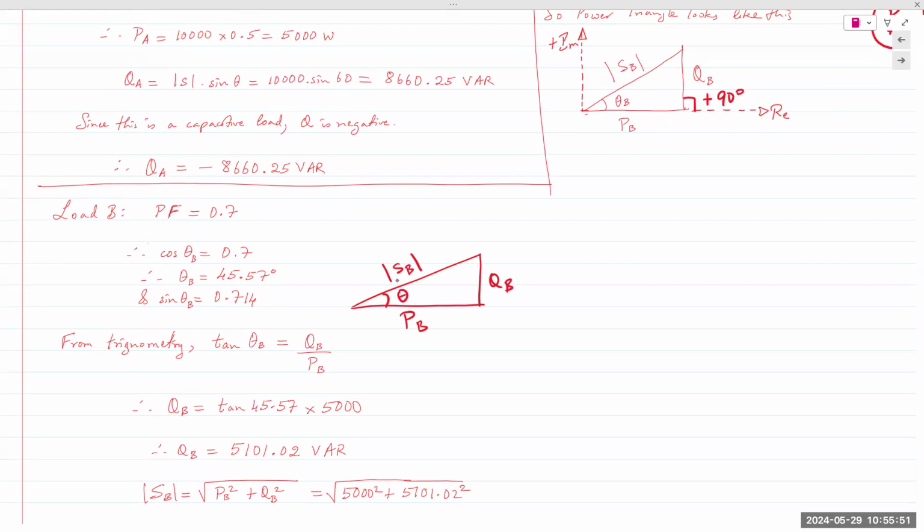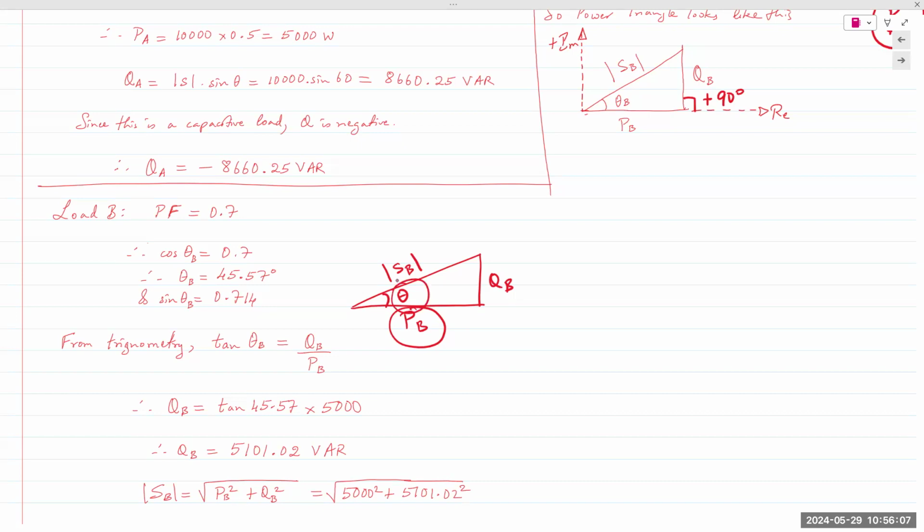So this is given to us, P is given to us, 5 kilowatts, 5,000 watts. Then cosine of theta is given to us. We found theta from there. So we have 2 of the 4 quantities.